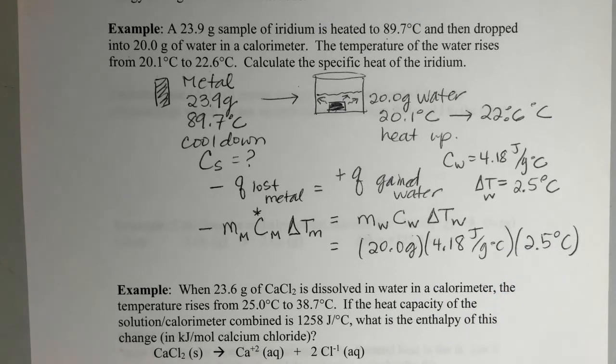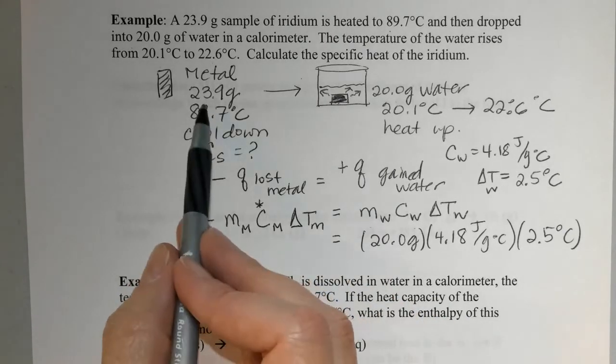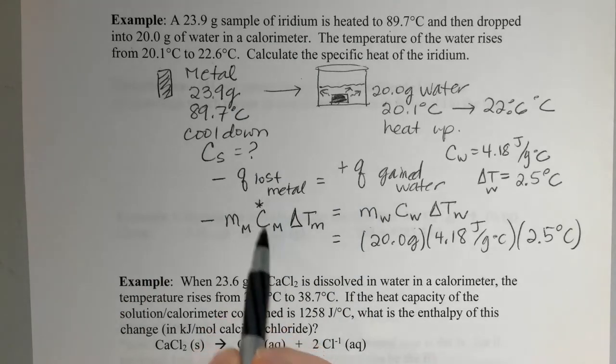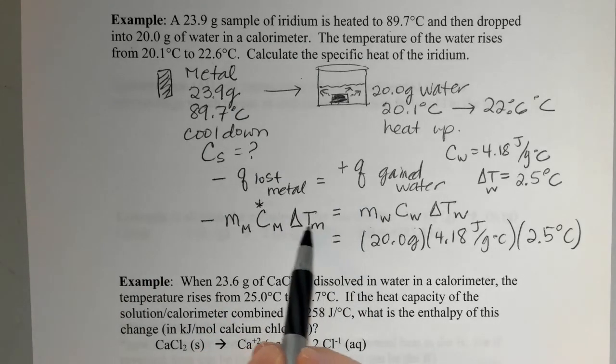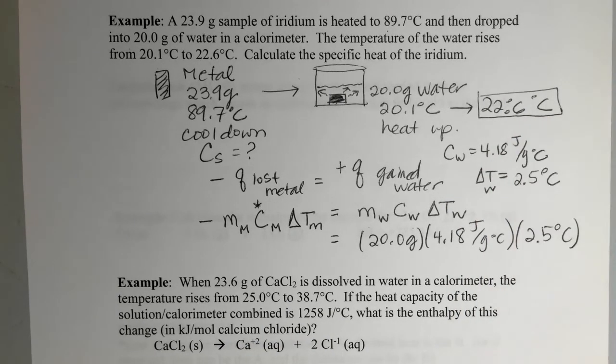Okay. Now on the other side, what we have is our mass of metal, 23.9. The heat capacity is what we're looking for. When you think about the change in temperature, here's what's important. The final temperature of the water is also the final temperature of the metal, right?